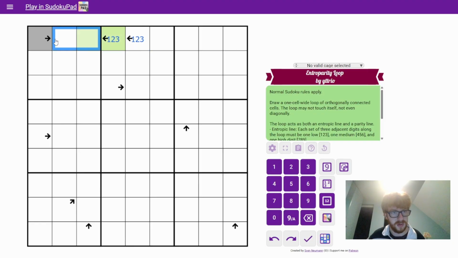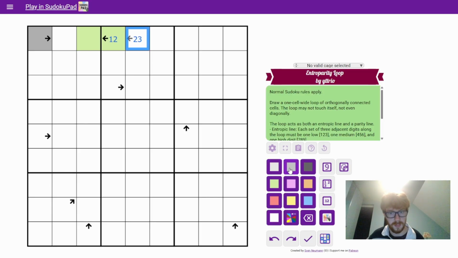And this couldn't see 3 cells anymore, it can see a maximum of 2 cells. This couldn't just see 1 cell because it already sees 2 cells. And it couldn't be part of the loop. So this has to turn in like that, because that's just how loop works.